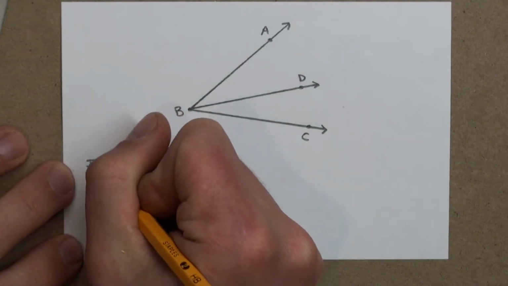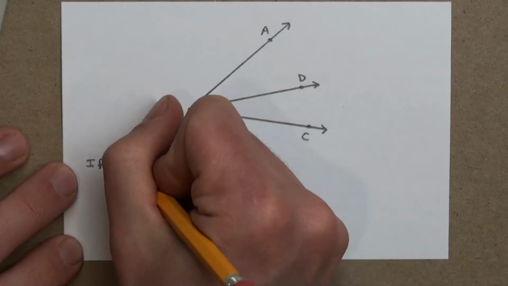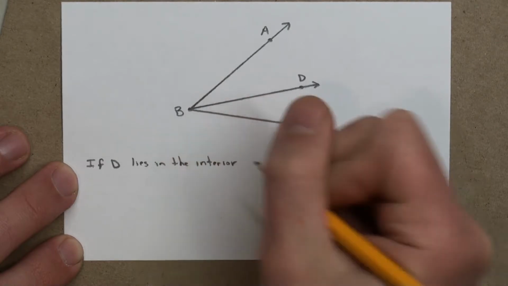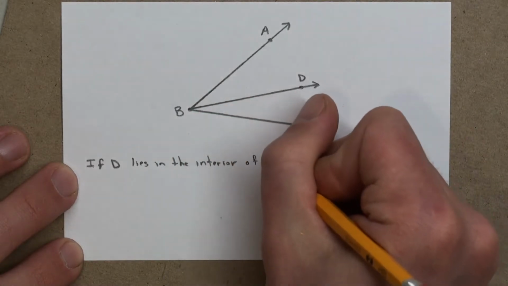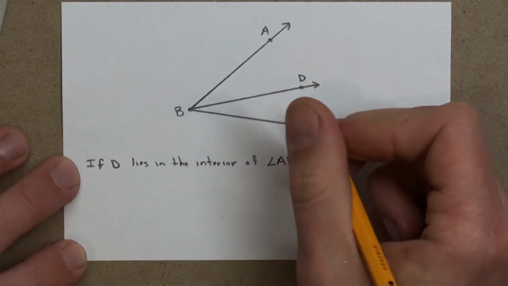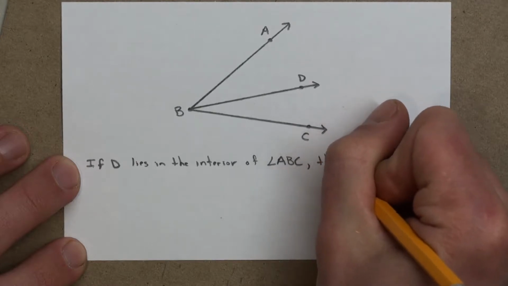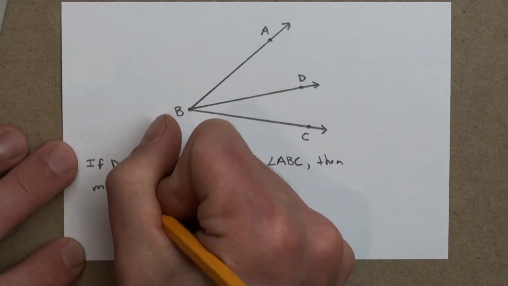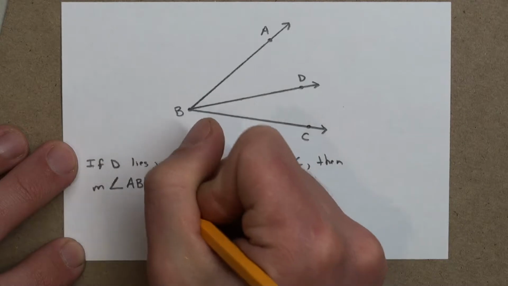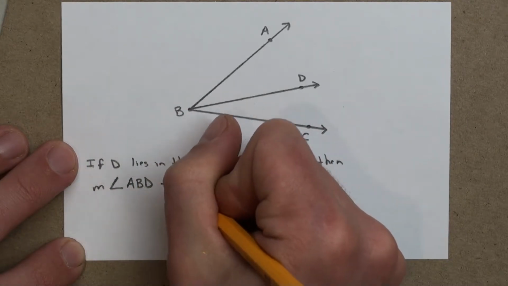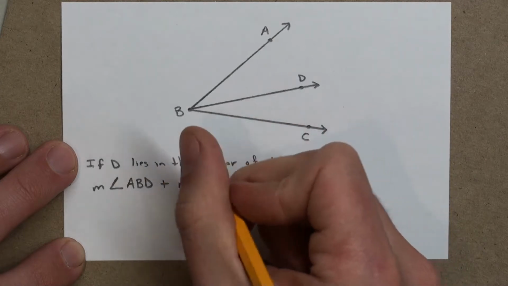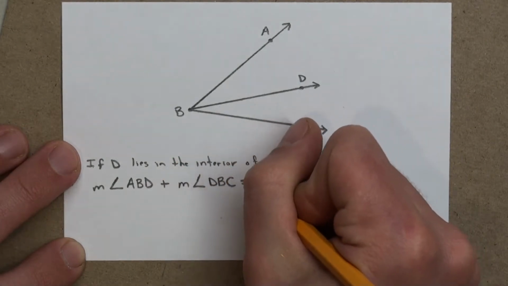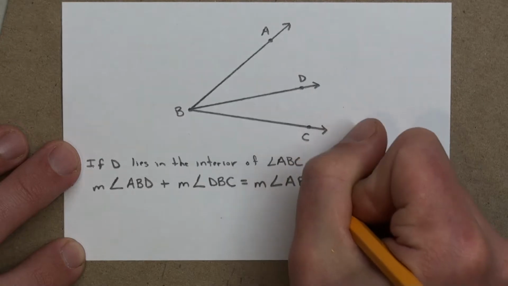If D, which is point D, lies in the interior of angle ABC, then the measure of angle ABD plus the measure of angle DBC equals the measure of angle ABC.